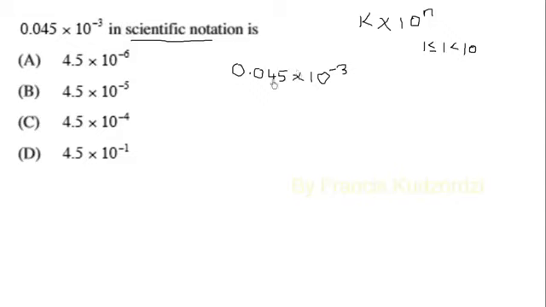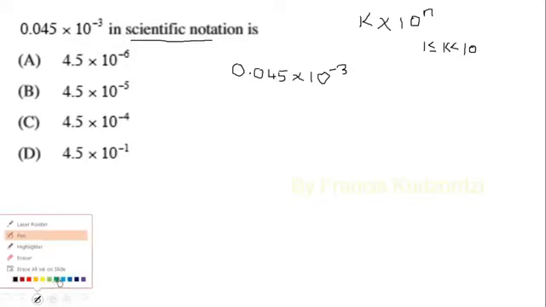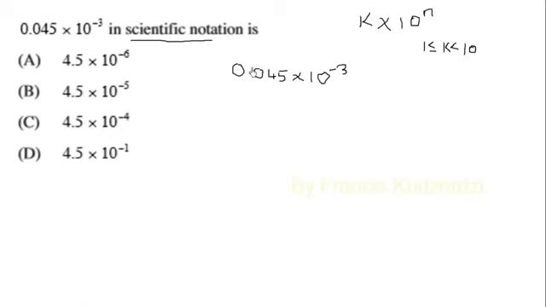So for k to be within this range, we must move it forward. So that will be moving forward how many times? We have 1 2, so that is 2 times.